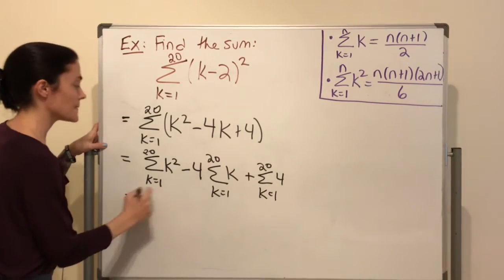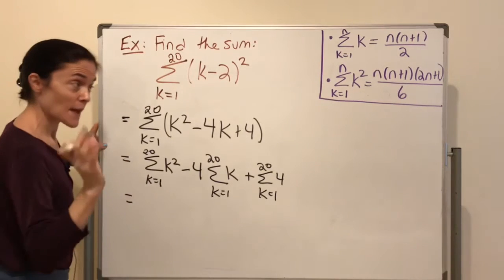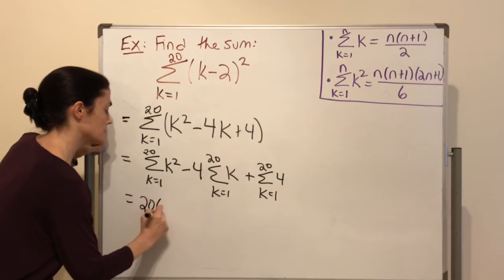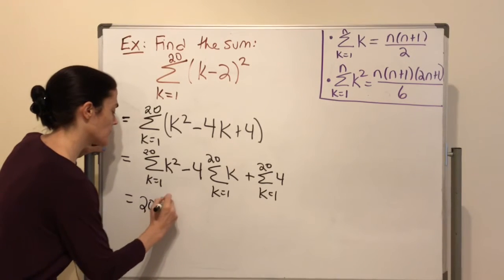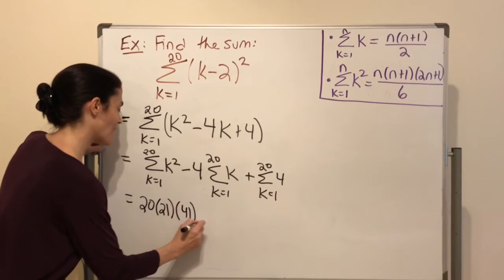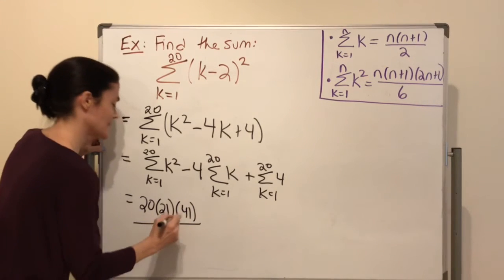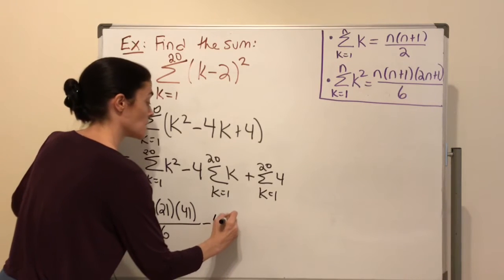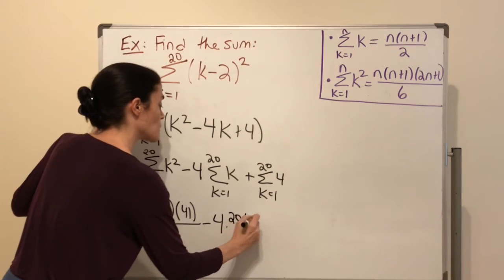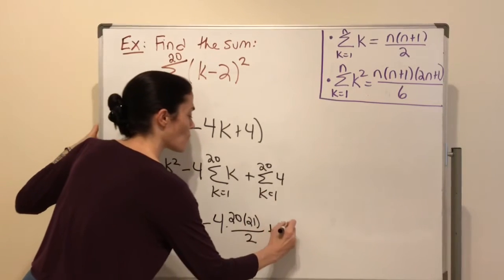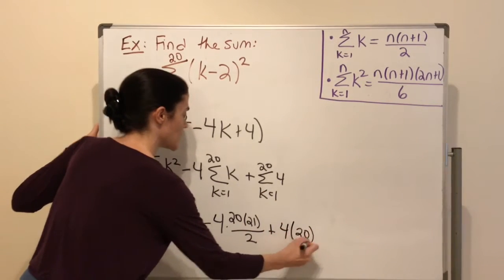So here, it's on the board to remind us, this would be 20 times 21 times 41 all over 6. And this would be minus 4 times 20 times 21 over 2. And this one is just 4 times 20.